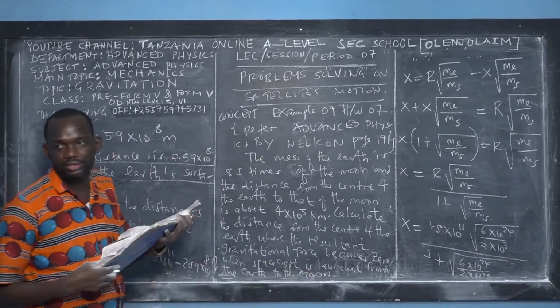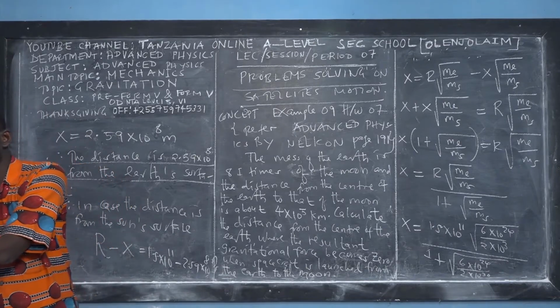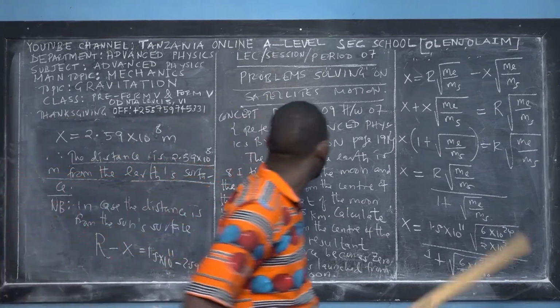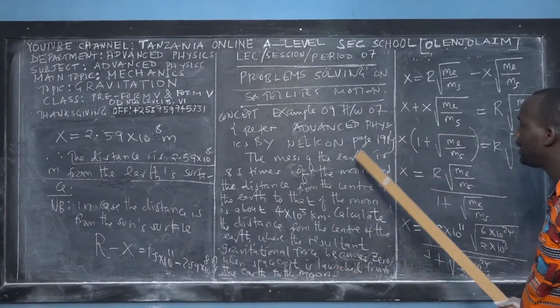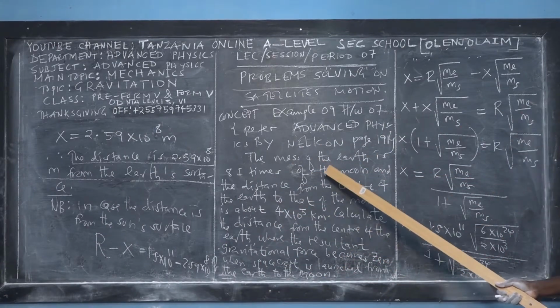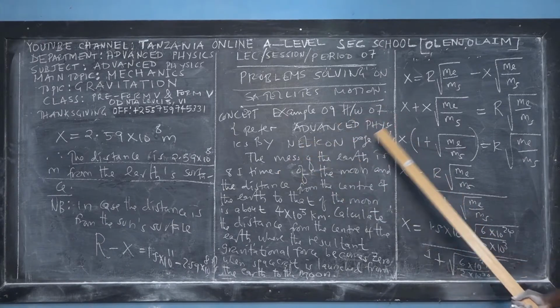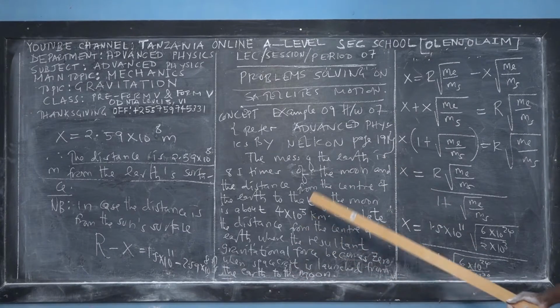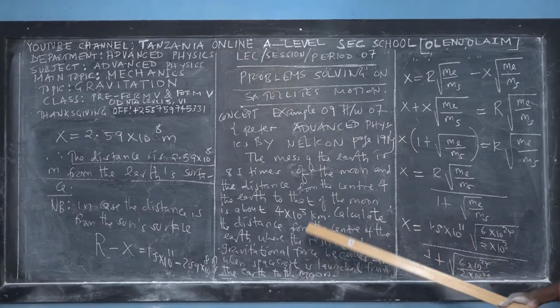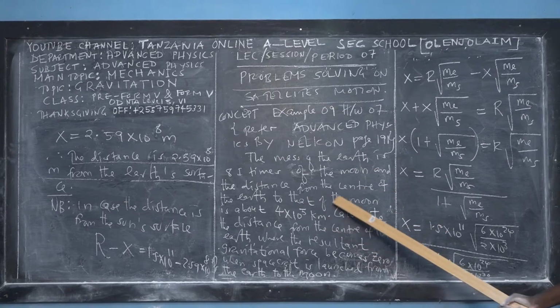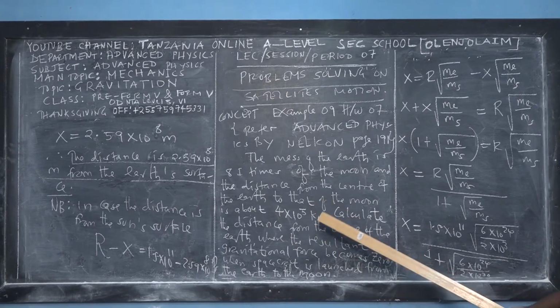So that's the question. Let me read the question. The mass of the Earth is 81 times that of the moon. Remember, I took this question from Advanced Physics by Nelkon and Parker, page 191. The mass of the Earth is 81 times the moon, and the distance from the center of the Earth to that of the moon is about 4 exponent 5 kilometers.